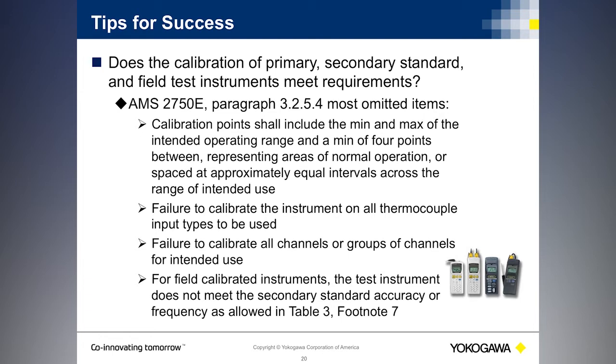What we see here is you're allowed to use field test equipment to calibrate other field test equipment, but the field test instruments being used to calibrate must meet the accuracies of a secondary standard and are held to a tighter frequency of calibration, which is every 3 months, versus your normal secondary standards, which have to be calibrated on an annual basis.